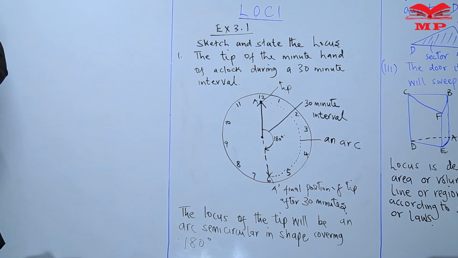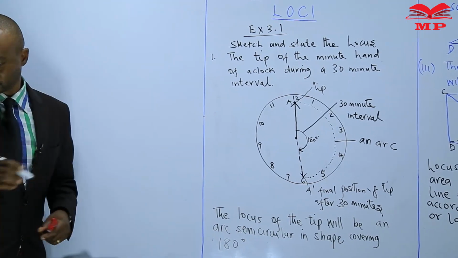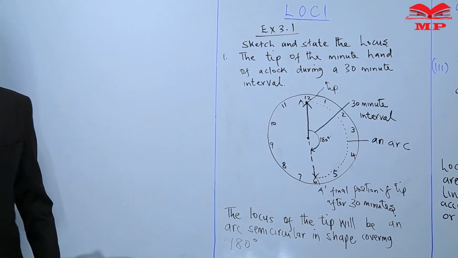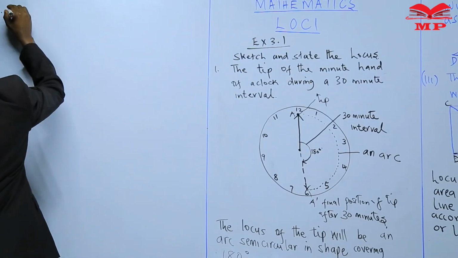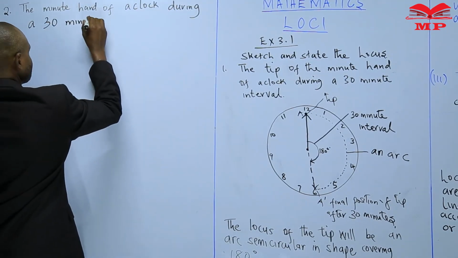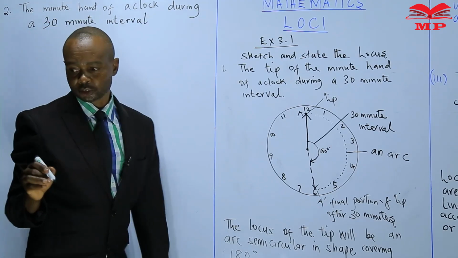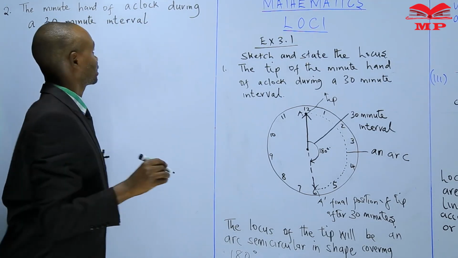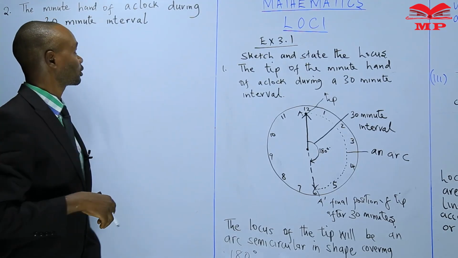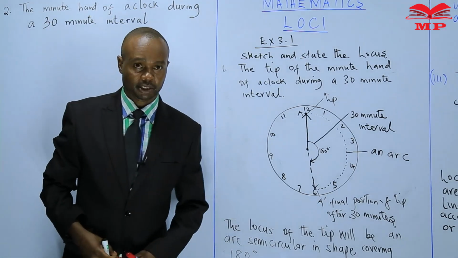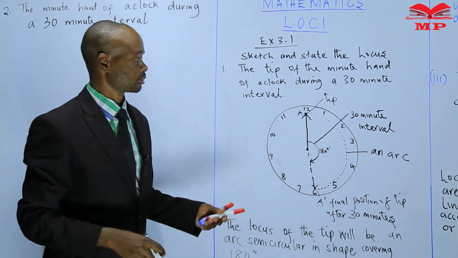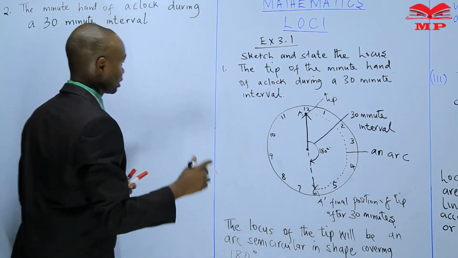Number 2, where you are told you state and sketch the locus of the minute hand. So number 2 talks of you sketch and state the locus of the minute hand of a clock during a 30-minute interval. So because they have told us to sketch, we must draw the sketch of the clock face.